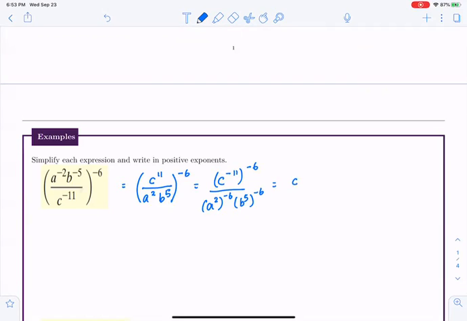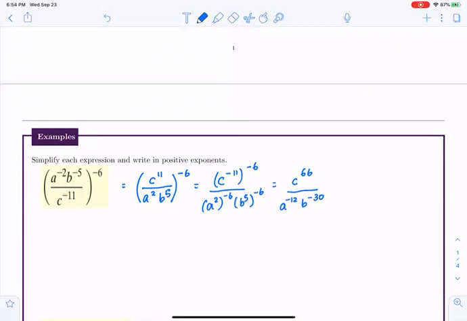So negative 11 times negative 6 is 66. 2 times negative 6 is negative 12. 5 times negative 6 is negative 30. So the numerator has positive powers, but the denominator has negative 1.